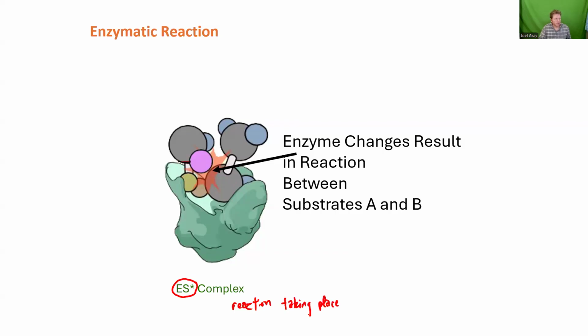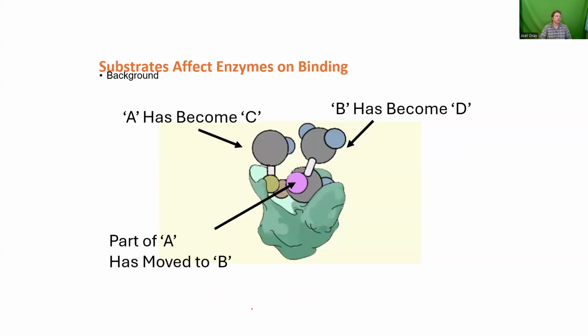Now, that phrase, taking place, makes it sound like it endures for a long time. That's not really the case. It happens very rapidly. But that star is what indicates we don't just have those substrates bound, but instead the reaction is actually ongoing. Now, substrates are going to affect enzymes on binding.